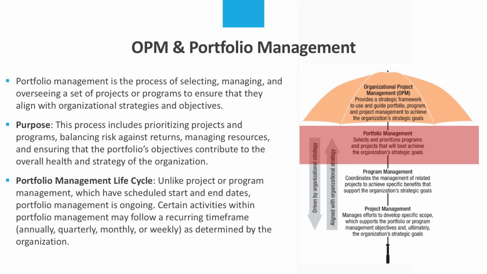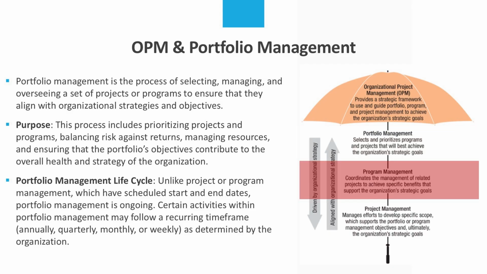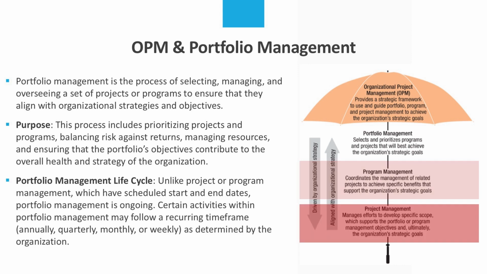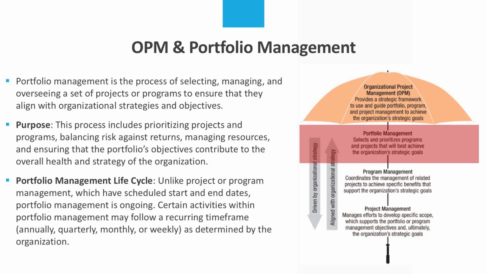If you look at the visual, you can see how this fits together. Portfolio management sits above program and project management, guided by organizational strategy through OPM. Programs focus on coordinating related projects to realize benefits, while projects focus on delivering specific outputs within defined scope, cost, and schedule. But portfolio management looks across all of them and asks a different question.